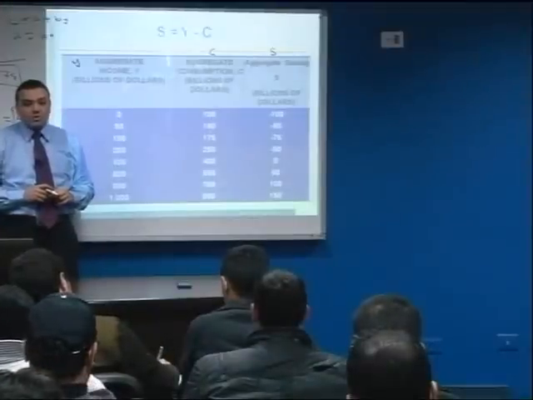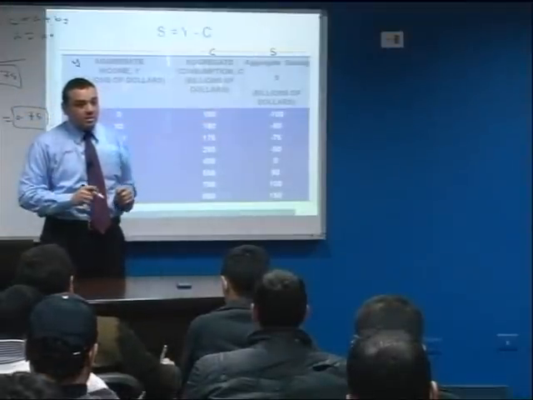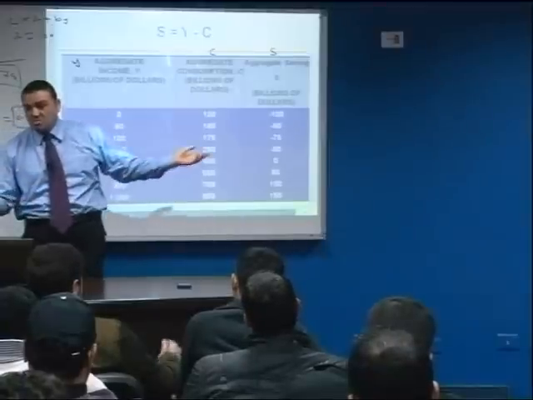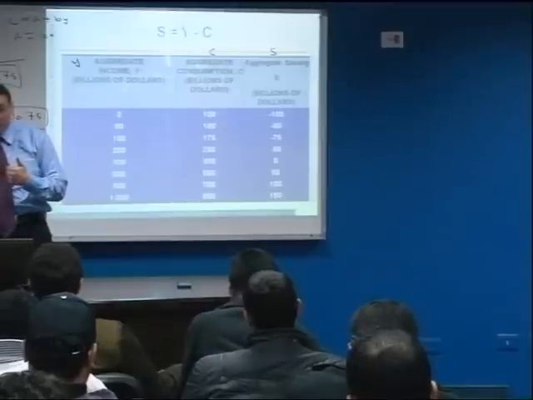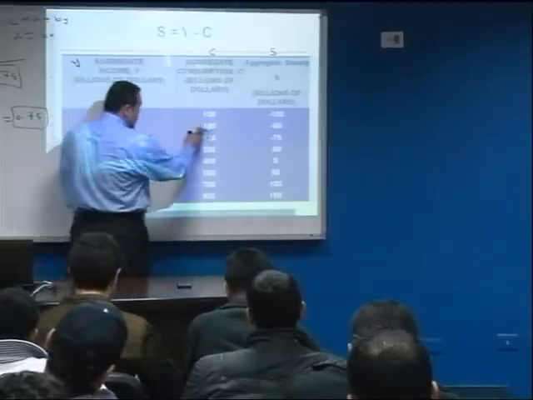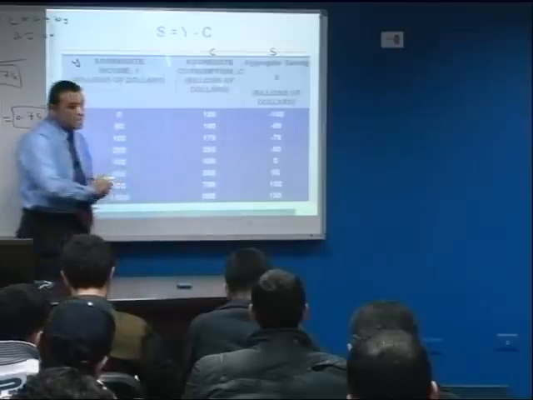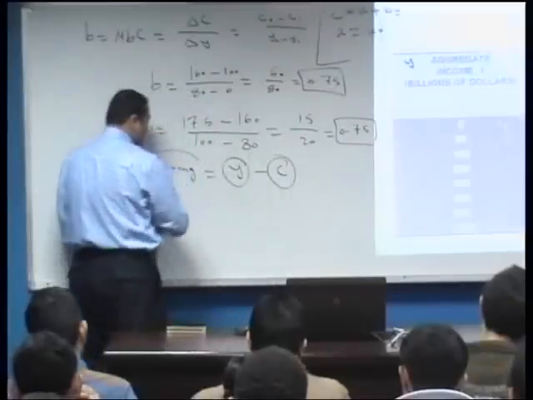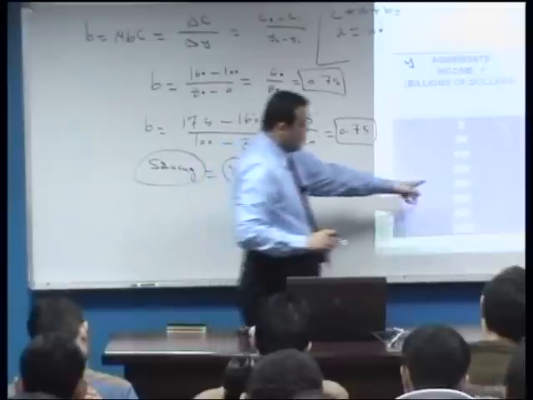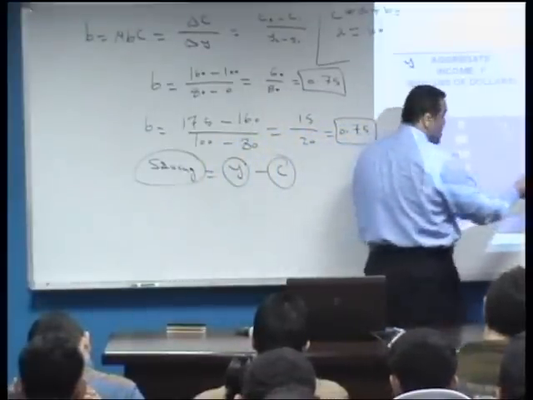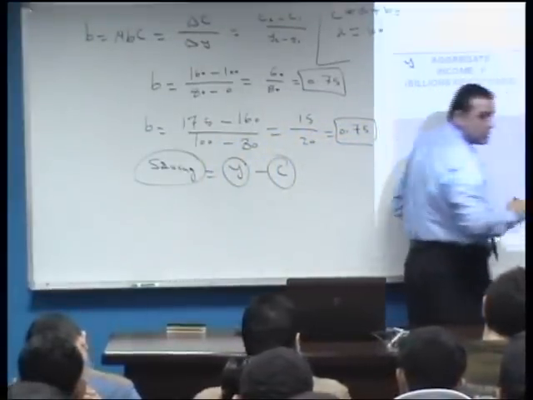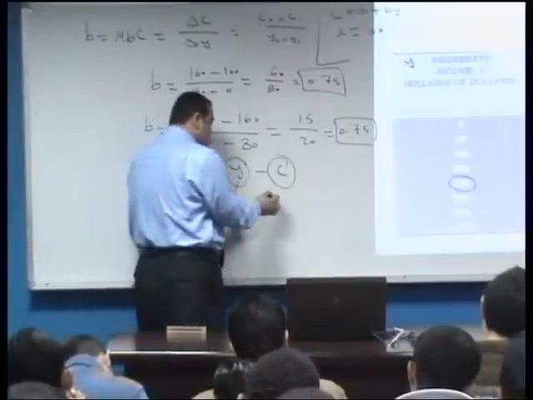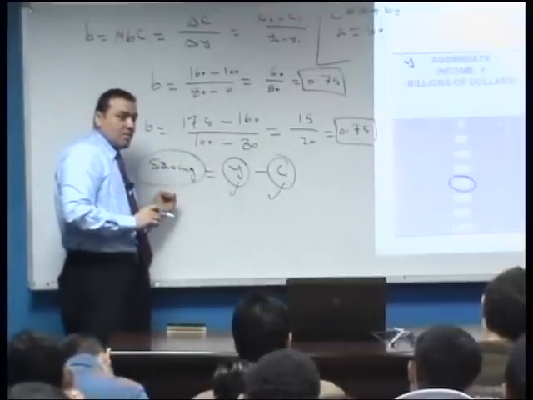Someone may ask me, where did the hundred of consumption get covered from? It could be debt. And it is called here dissaving, negative saving, because your income is negative, so you need money to compensate. Right? So 80 minus 160 equals minus 80 and so on. Okay, when Y equals C, how much is saving? 0, exactly. When the aggregate income equals the aggregate consumption, the aggregate saving equals 0. But if the aggregate income is larger than the aggregate consumption, saving would be positive.